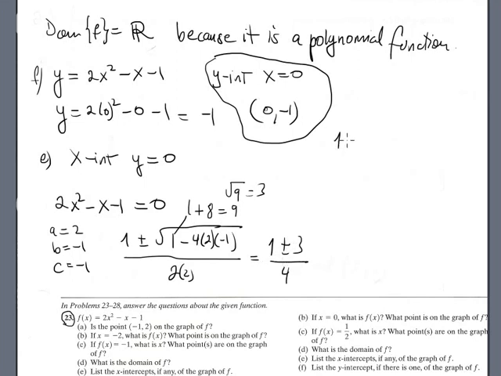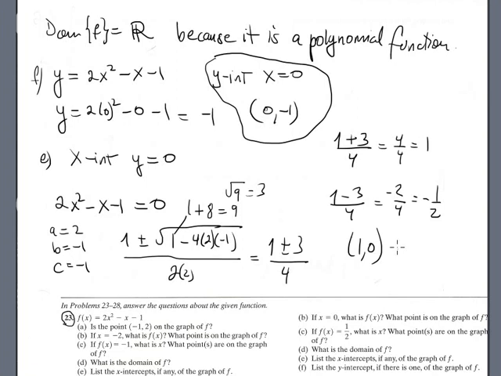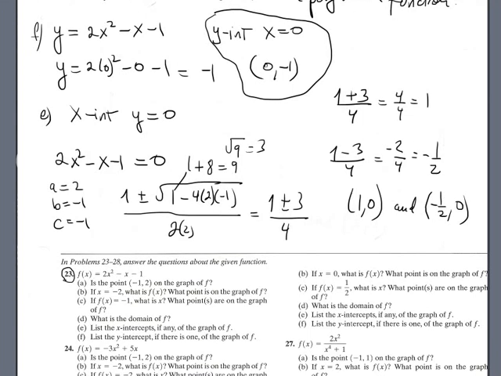You separate: 1 plus 3 over 4 is one solution, and 1 minus 3 over 4 is another solution. This is 4 over 4, which is 1. This is negative 2 over 4, which is negative 1 half. Now the points are (1, 0) and another intercept is (-1/2, 0). That's it, this is the answer for the question.